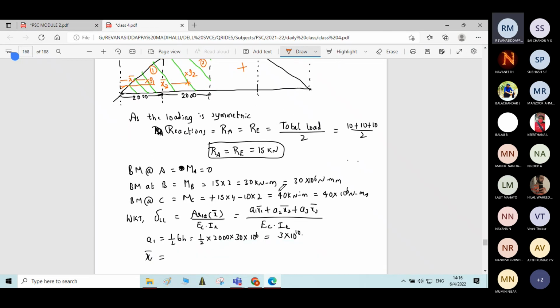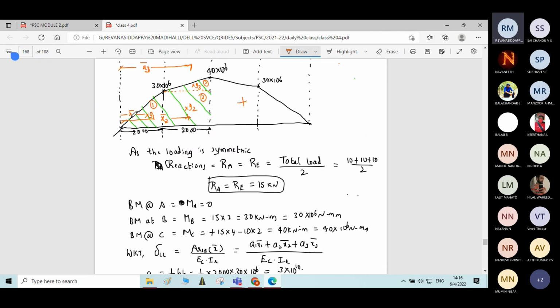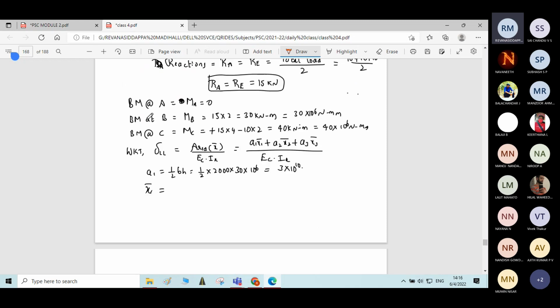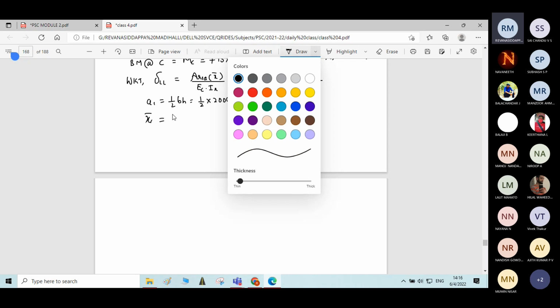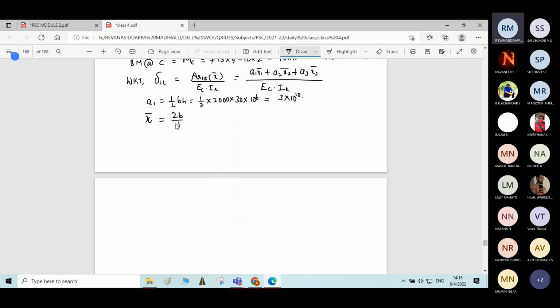Now A1 is over, x1 bar will be how much here? It will be 2b by 3, correct? The distance of the centroid of a right angle triangle from this end point is 2b by 3, which is equal to 2 into 2000 divided by 3.